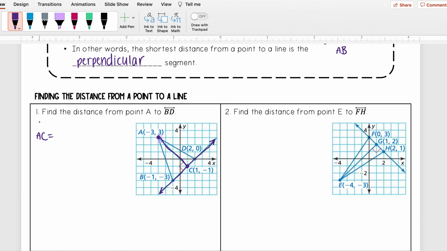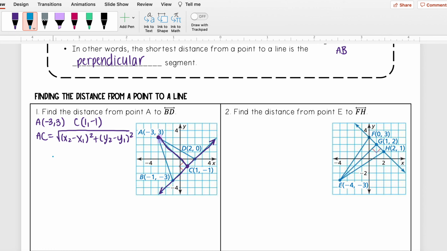And so I'm just going to rewrite what A and C are. A is the point -3, 3. And C is the point 1, -1. If you recall, to find the length or the distance, I need to use the distance formula. This goes back to our first unit. That distance formula is the square root of x2 minus x1 squared plus y2 minus y1 squared.